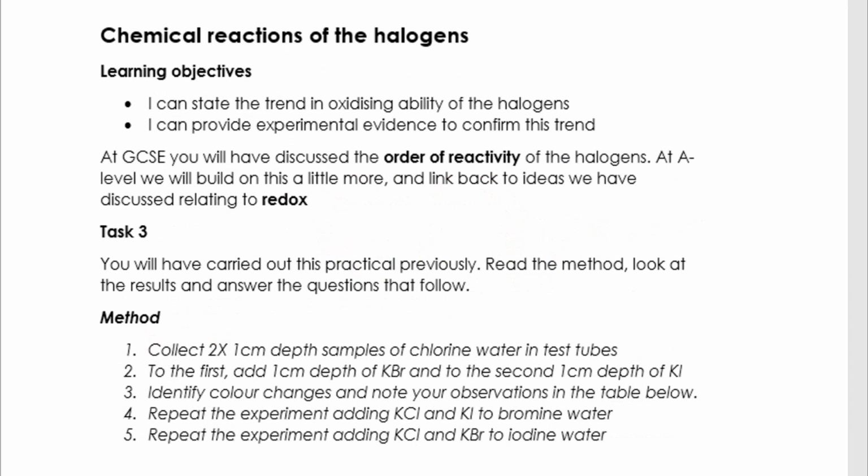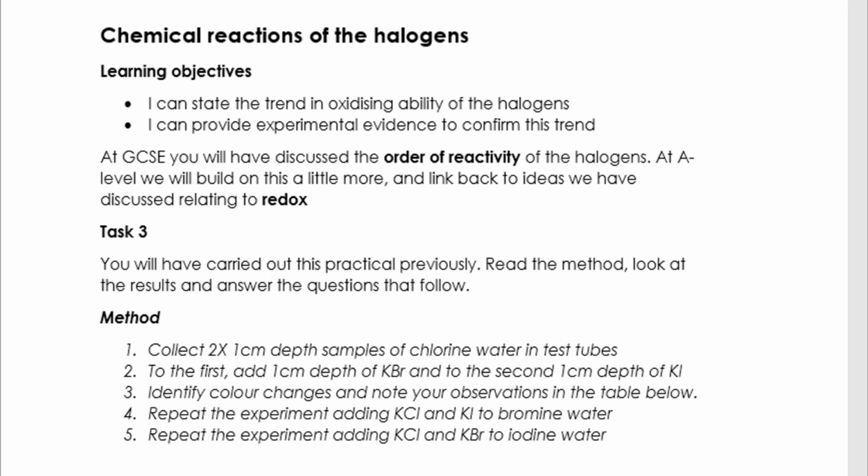So at GCSE, we spoke about this as an order of reactivity, which is the most reactive halogen, which is the least reactive halogen. And there will be a method that you will have carried out where you react chlorine, bromine, and iodine with salts of chlorine, bromine, and iodine.